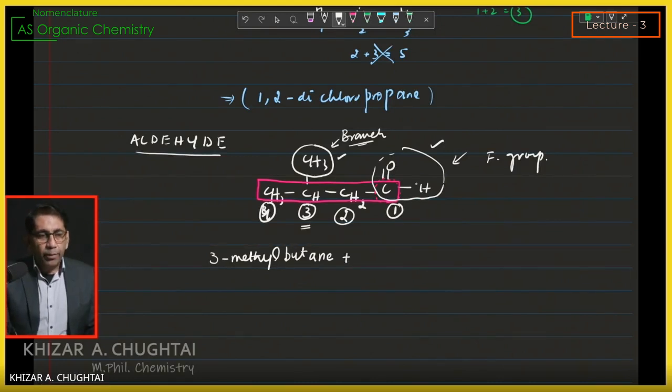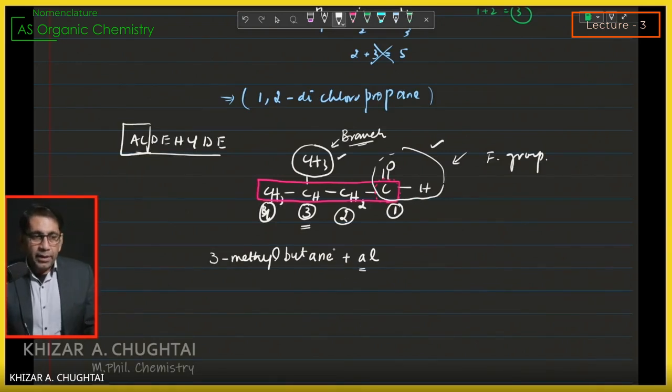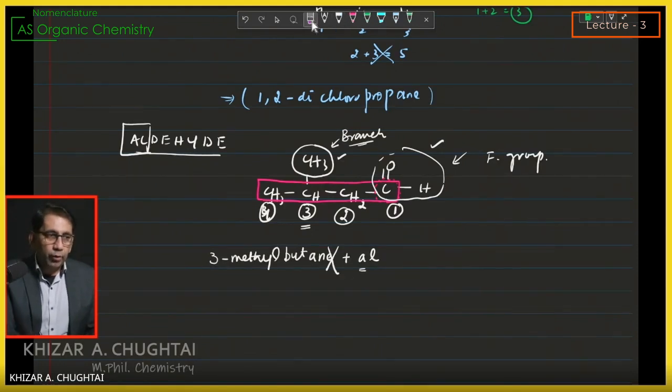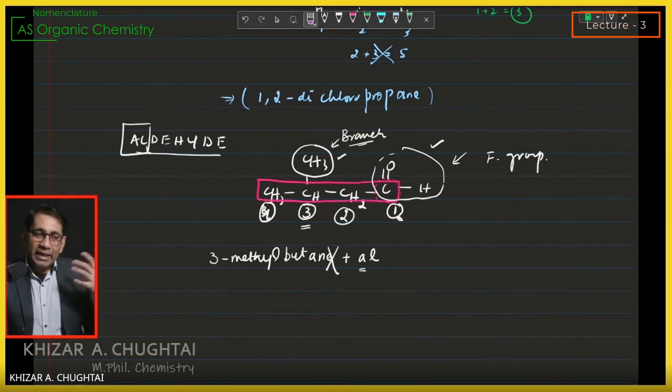Plus, I'm going to add this functional group, aldehyde: the suffix -al. But as you know, if a vowel is going to be added, then we will have to remove this E. Finally, I'm going to remove this E. There is no need to write the position of the functional group because in this case, aldehyde is always taken at number one position.